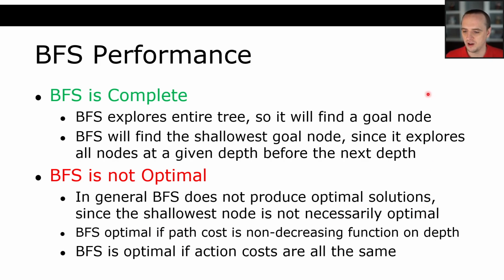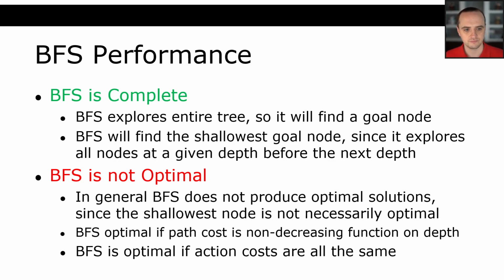So BFS is optimal if the path cost is non-decreasing as a function of depth. Usually what that means is that BFS is optimal if all action costs are the same. If all your action costs are equal, then the shallowest solution is equal to the lowest cost.